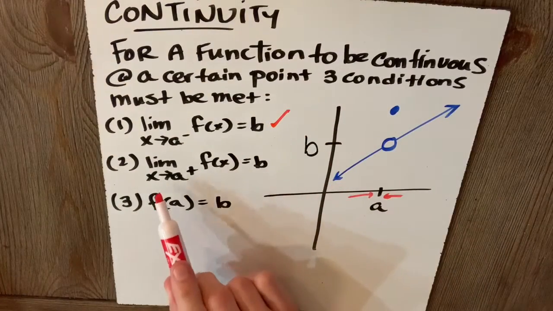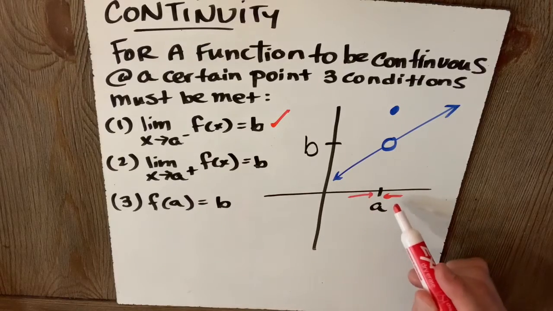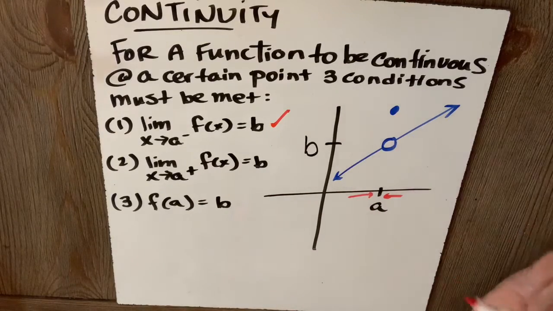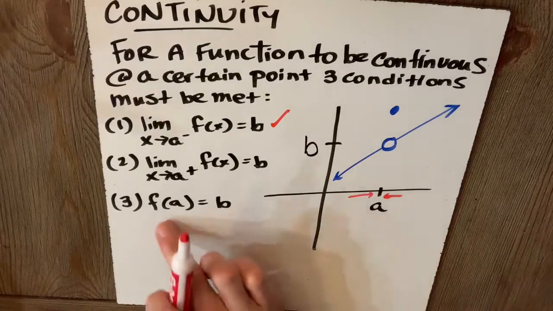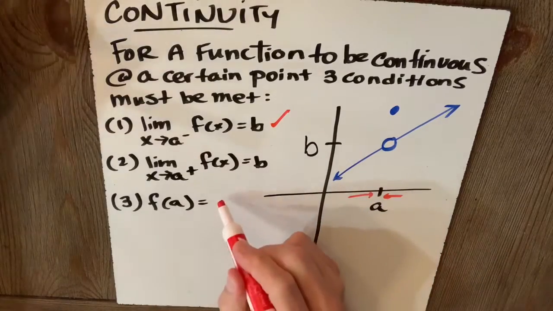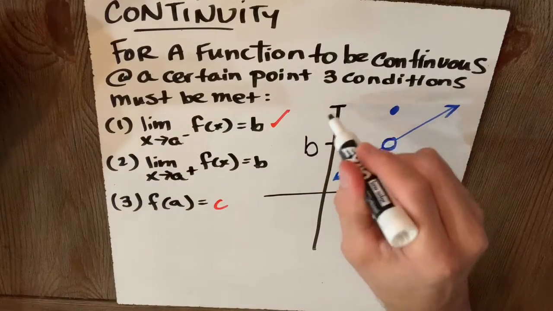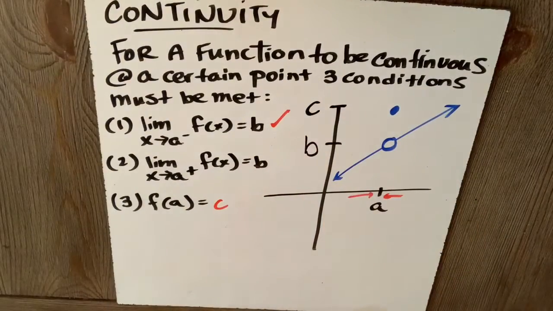And the limit as x approaches a from the positive side, or the right-hand limit, is also b because our values are trending towards b. However, f of a looks like it's c if we put this value c up here. The y value itself is c. So this wouldn't be continuous even though our first two conditions had been met. So that's not a continuous function.